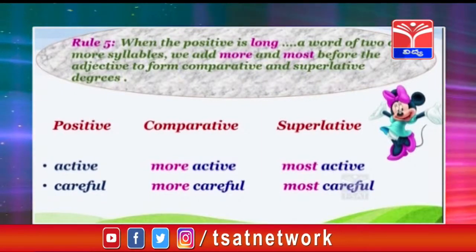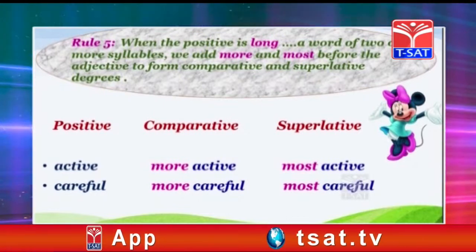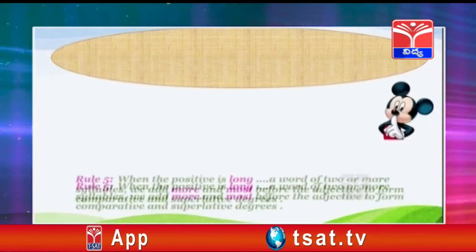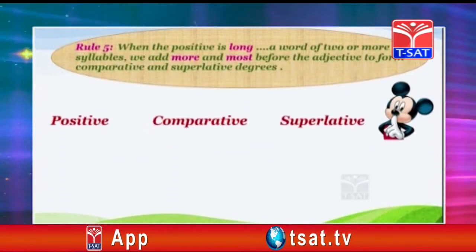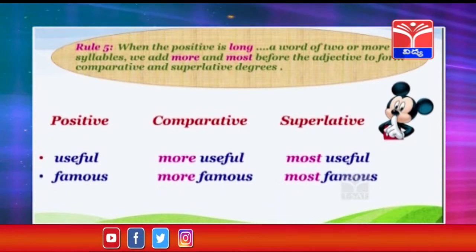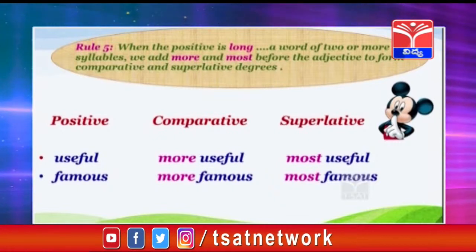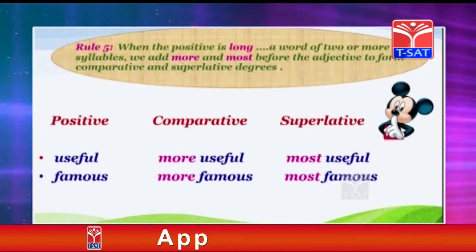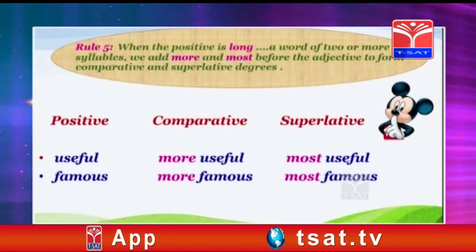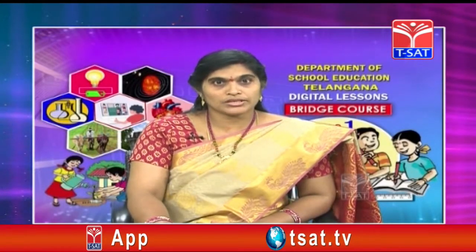In the same way, careful, more careful, most careful. We shall see some more examples now. Useful, more useful. Famous, more famous. And most famous when it comes to the superlative degree. You have all understood what rule number 5 is.